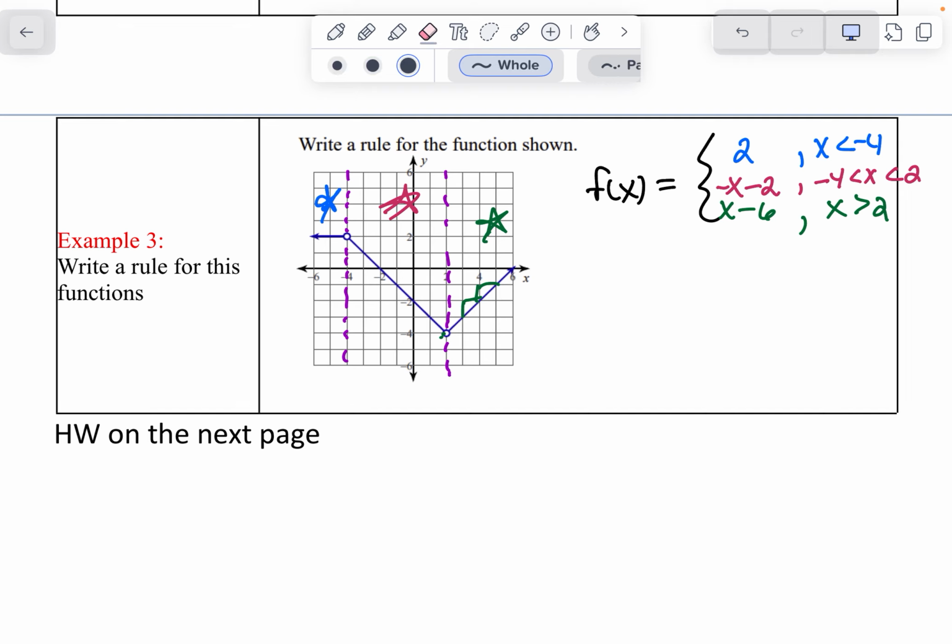Once you have your picture drawn, here I would plug in -5, I get 2. Here you could plug in -2, you get 0. Here you could plug in 4, you should get -2, which you do. So you can check your work by plugging in some points for that region, and then it should get you what you want. Does that make sense how we got that function to work?